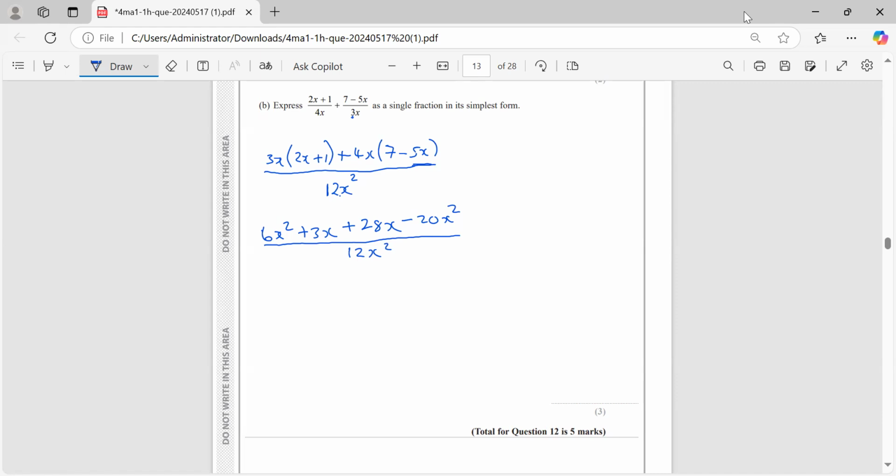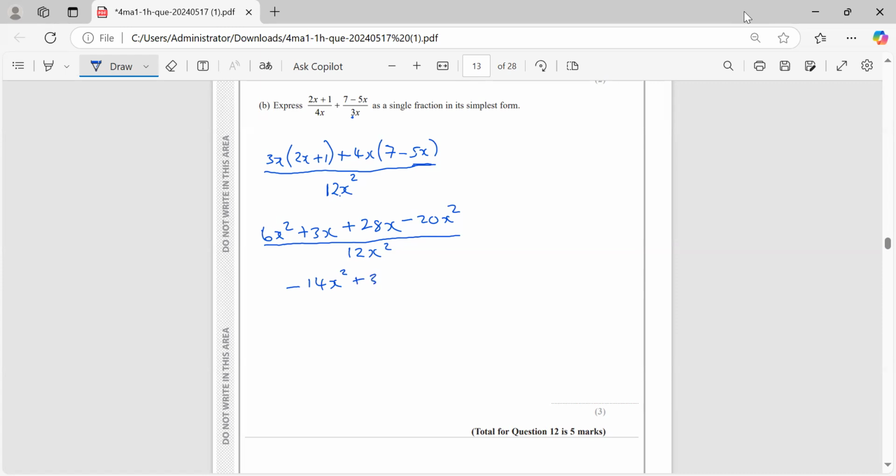All right, so I'm now going to simplify like terms on the numerator. So I have 6x squared minus 20x squared. So that's definitely going to give me negative 14x squared. And then 3x plus 28x, I'll get 31x.